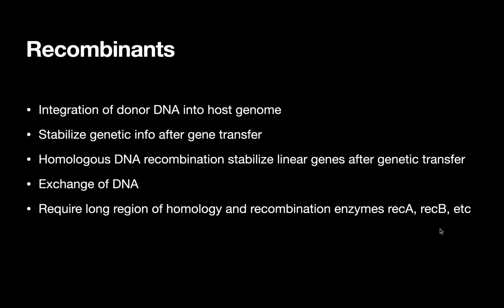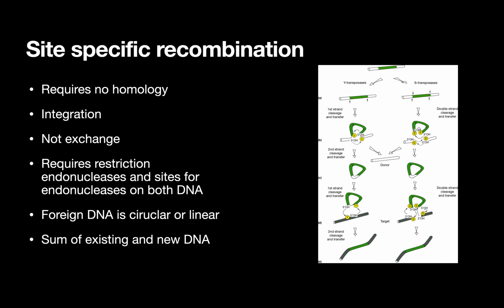So RecA, RecB, etc. The site-specific recombination needs no homology, and there's just integration, there's no exchange. It requires the restriction endonucleases and the sites for the endonucleases on both DNA. So they just come in, cut things out, put things in, that's it. There's no homology needed, and it's purely integration.